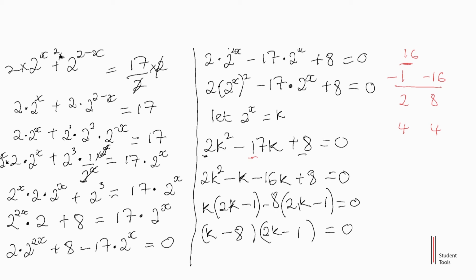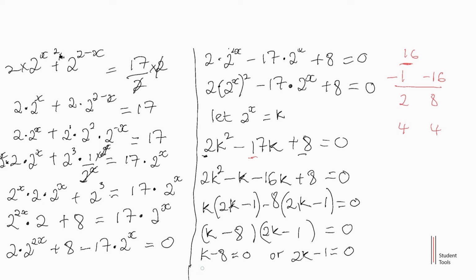So this is now factorized. So what happens after factorizing? We solve for k. So k minus 8 is equal to 0, or 2k minus 1 is equal to 0. And now we have to make k the subject of the formula.